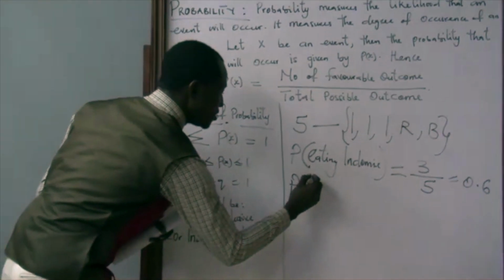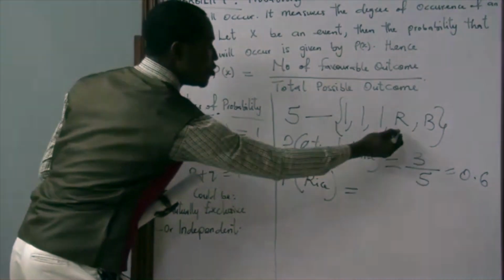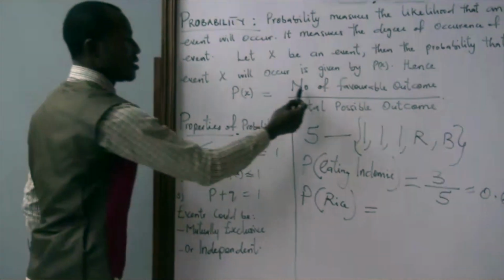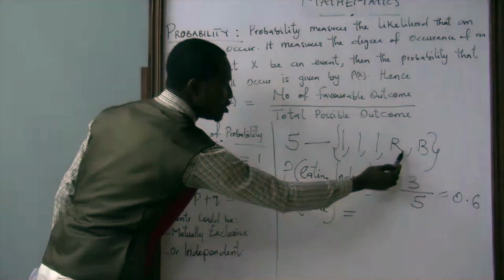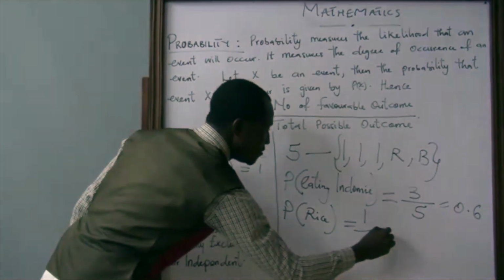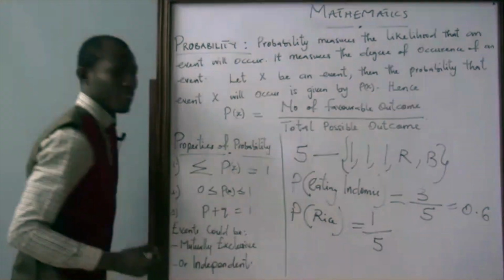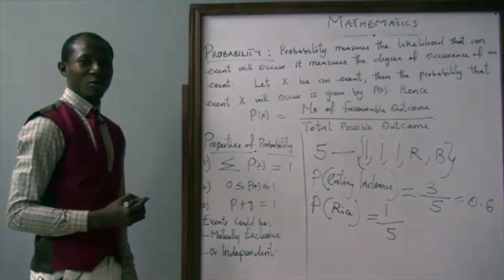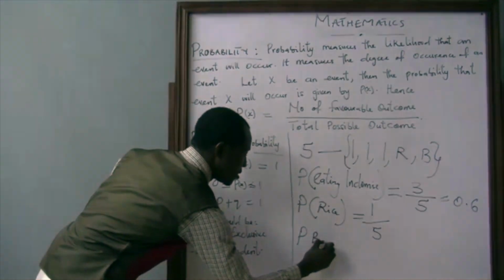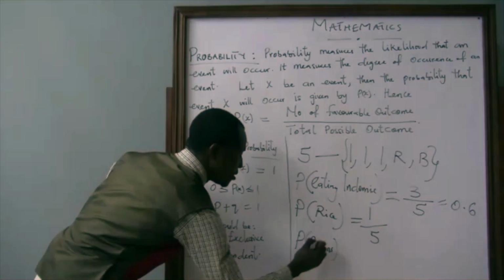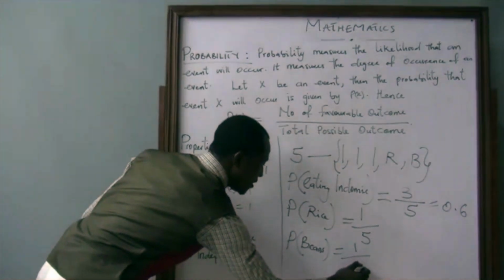Probability of eating rice will be how many favors rice? Number of favorable outcome. In this information, how many favors rice? Just 1. That will be 1 divided by total possible outcome, which is 5. Probability of taking beans will also be, how many favors beans? 1 divided by 5.